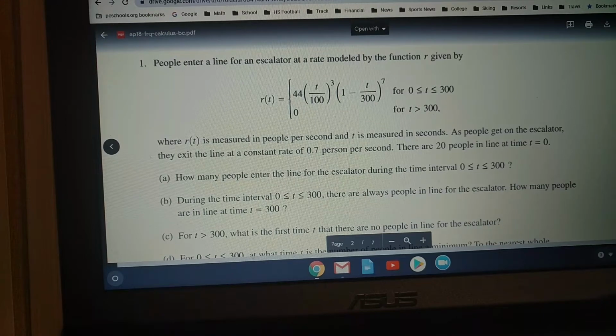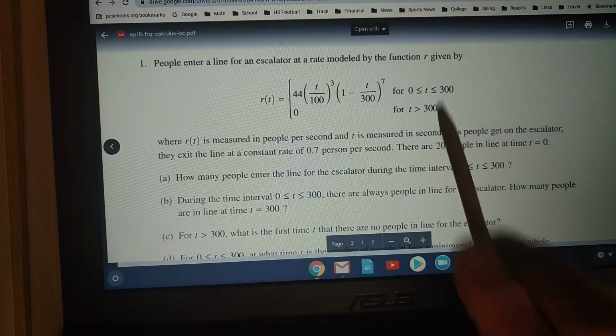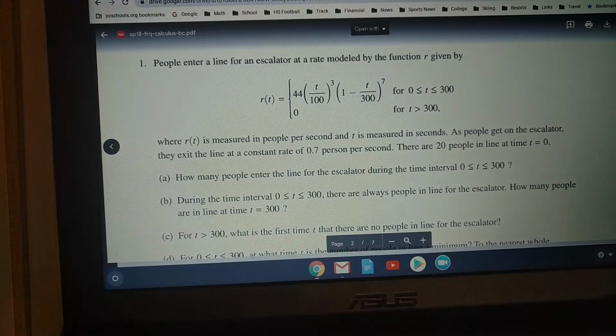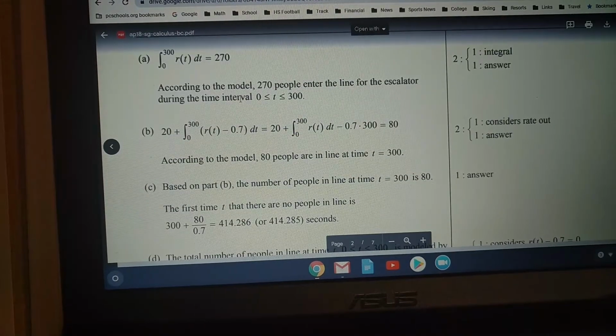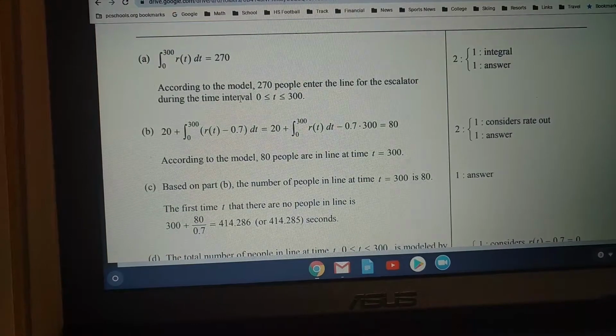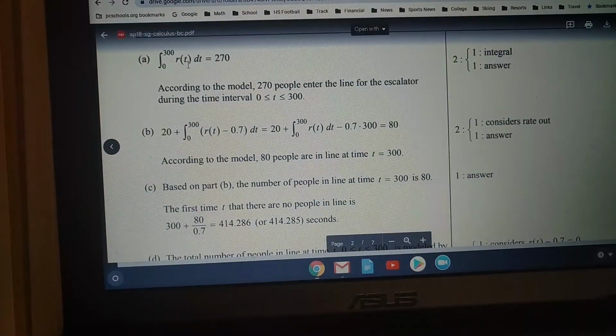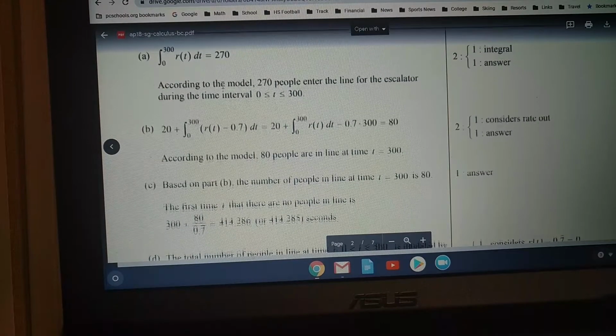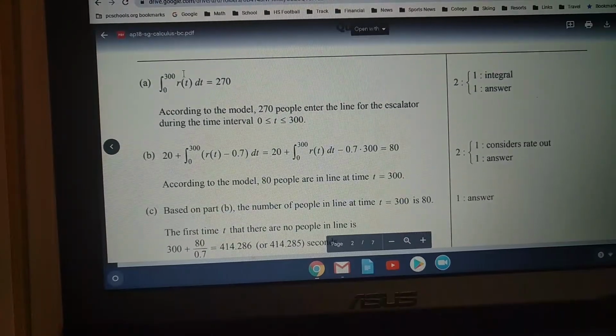So part A, we want to know how many people enter the line for the escalator during the time interval from 0 to 300. Notice that is the top line of our rate equation right here. To get the total accumulated change, we must integrate our rate function. So for part A, it's 2 points. There is 1 point for having the correct integral, which is 0 to 300 of our rate function.